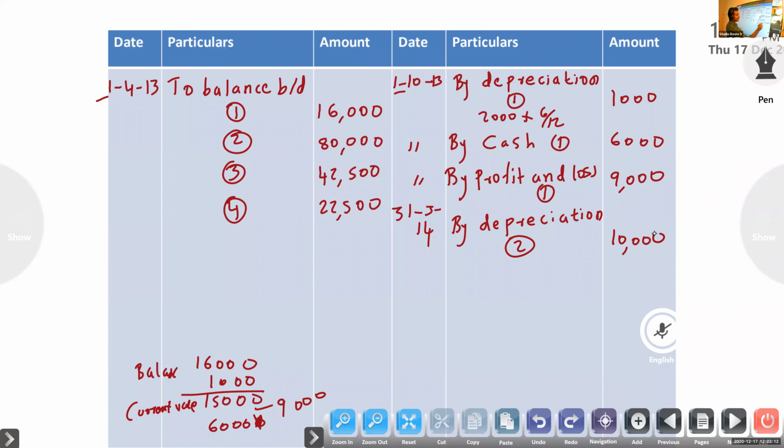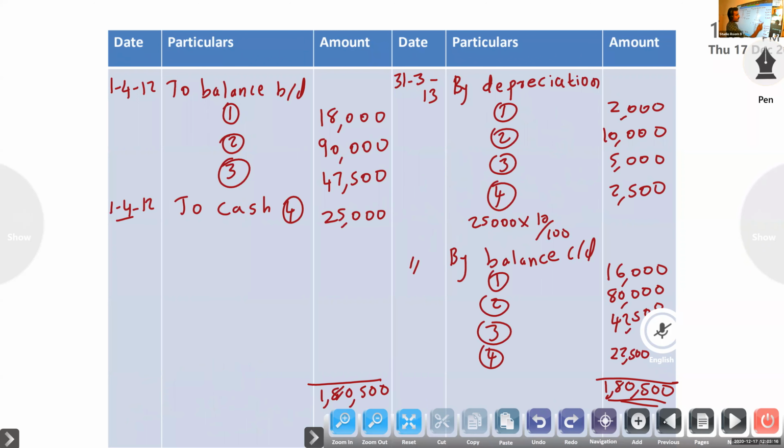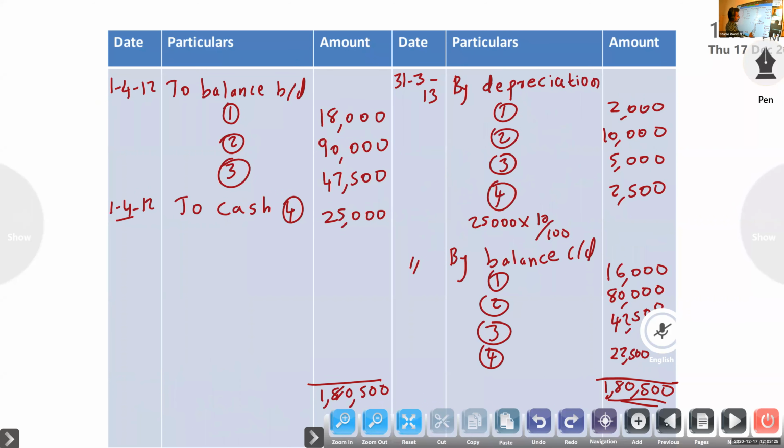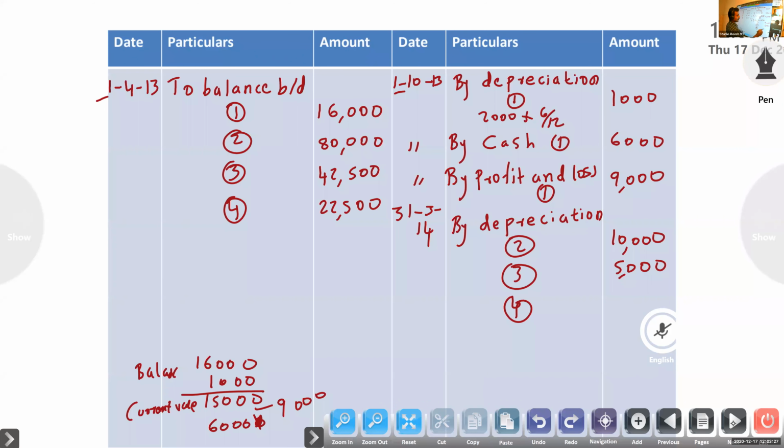Now we should not solve anything. Third one, 5,000 on the base of original cost. Fourth one, last year also 1st April only, 2,500.